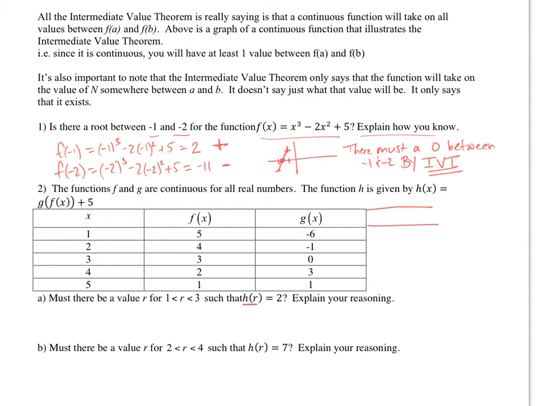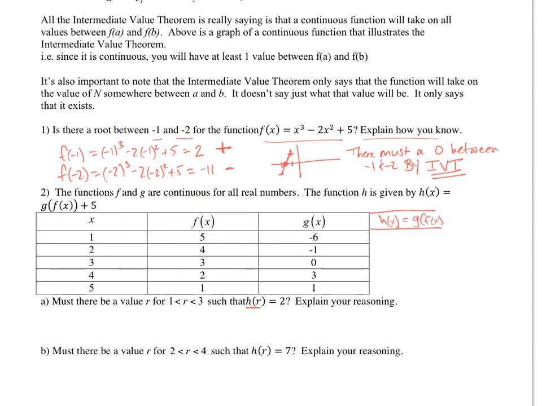So let's go ahead and put in this h of x, which is the g of f of x plus the 5. I'm going to give myself a little bit more room here. And let's just do this first value, h of 1. That is going to be g of f of 1 plus the 5.